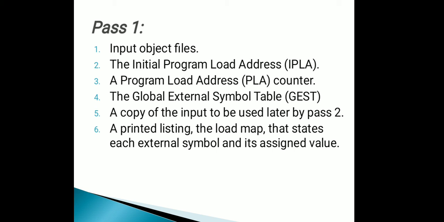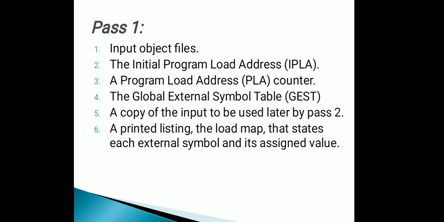Number 5, a copy of input to be used later by pass 2, meaning pass 1 passes the copy of input to pass 2. This may be stored on an auxiliary storage device such as magnetic tape, disk or drum, or the original object file may be reread by the loader a second time for pass 2.